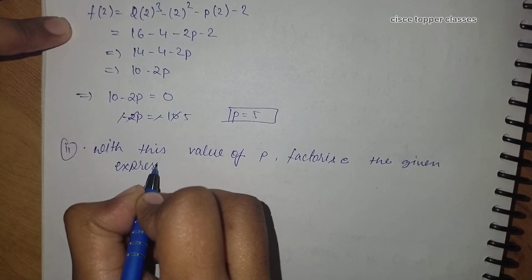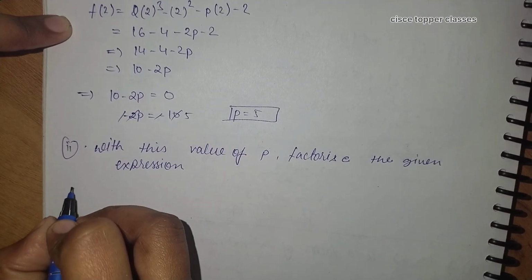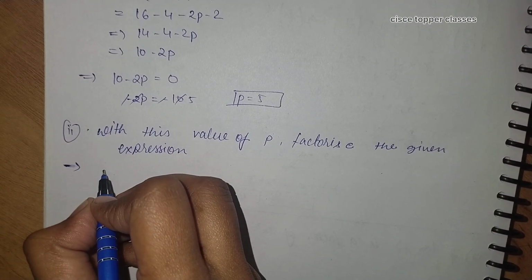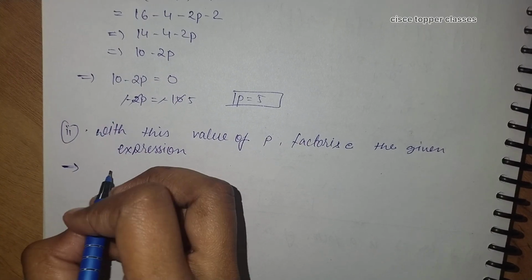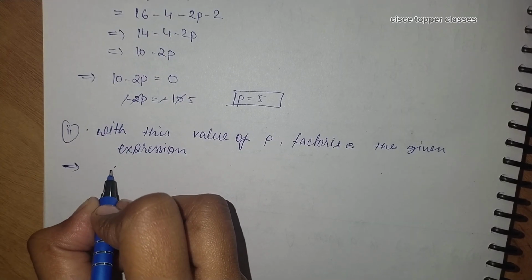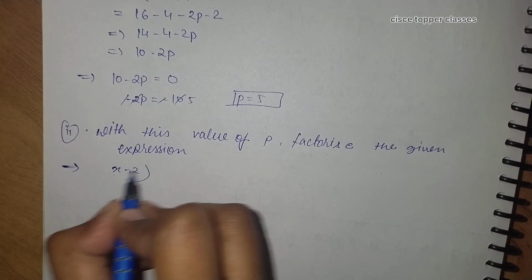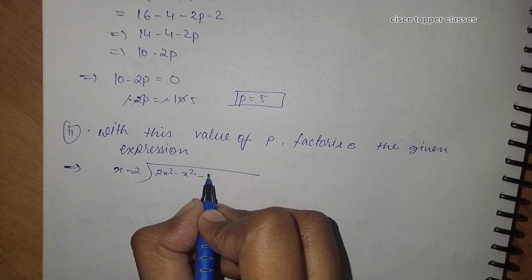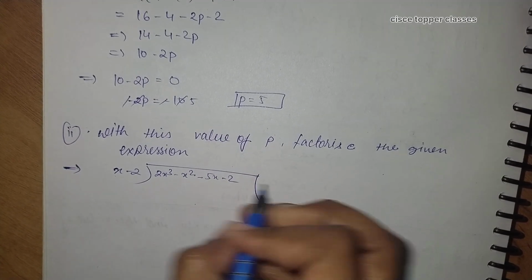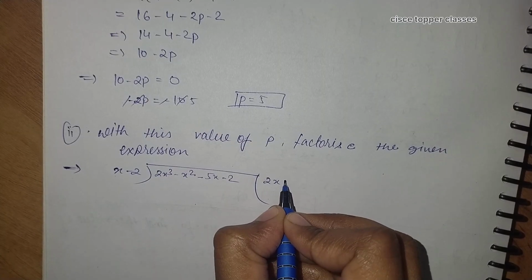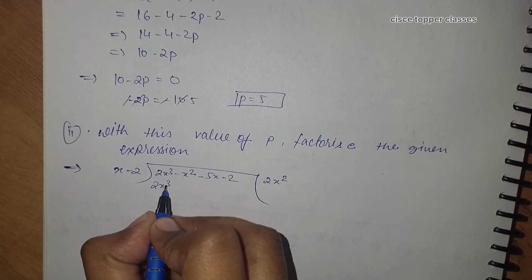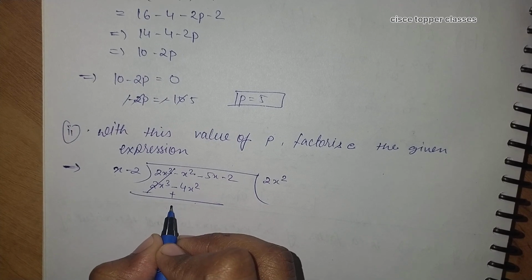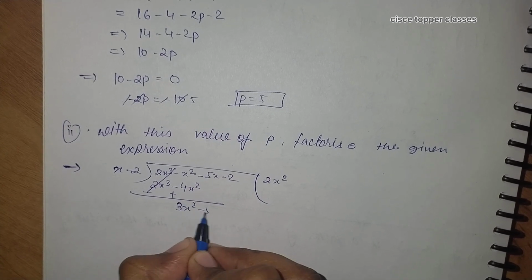So putting p is equal to 5, since x minus 2 is a factor, we divide 2x cube minus x square minus 5x minus 2 by x minus 2. Multiplying with 2x square, it will become 2x cube minus 4x square, and this will cancel out. Here we will get 3x square minus 5x.